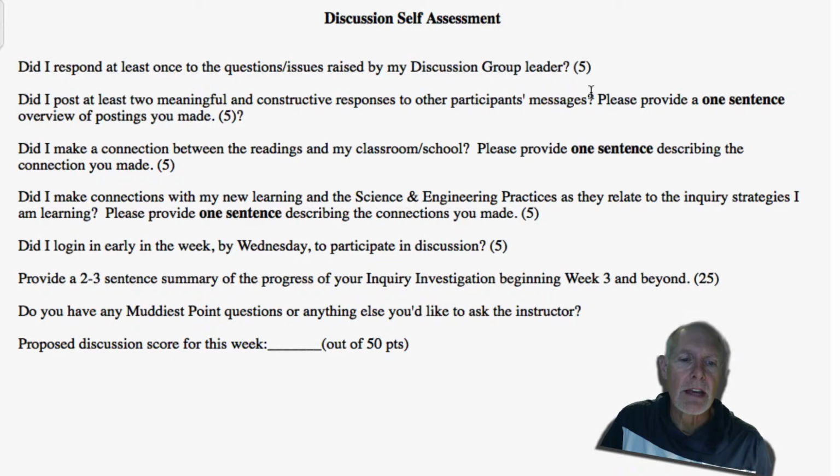In this particular case, I also have an additional assignment that students are working on throughout the duration of the course, and so I'm asking them to reflect on that assignment. Each of those components then is worth a certain number of points, and in this particular case, the discussion rubric is worth 50 points.